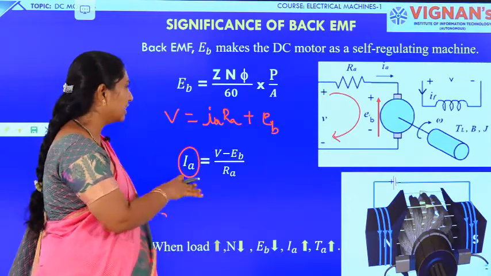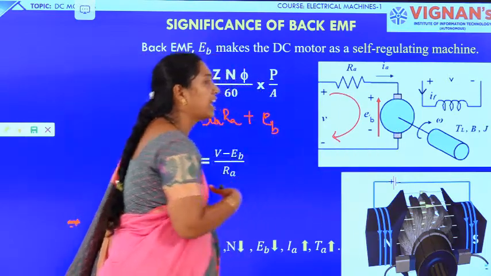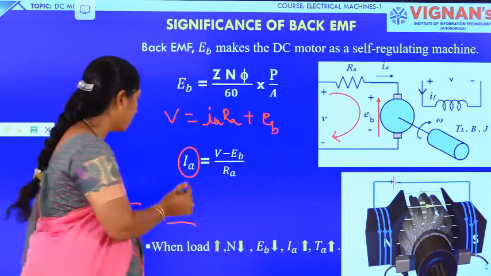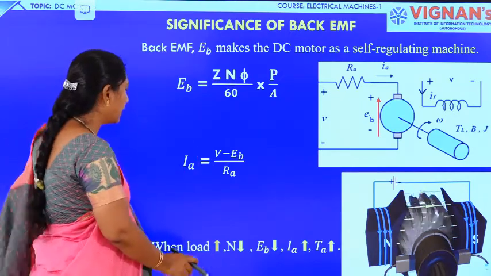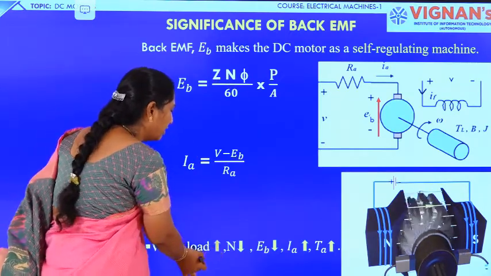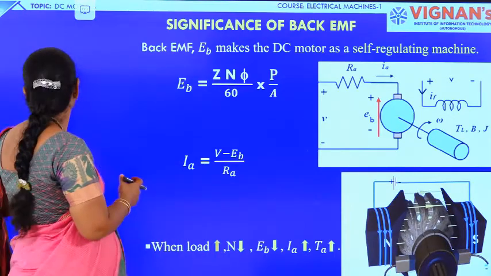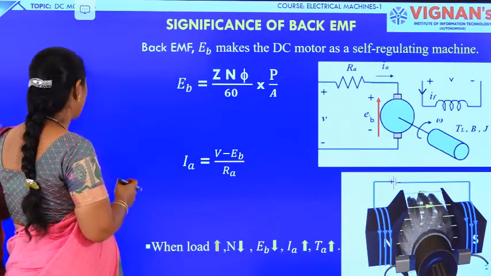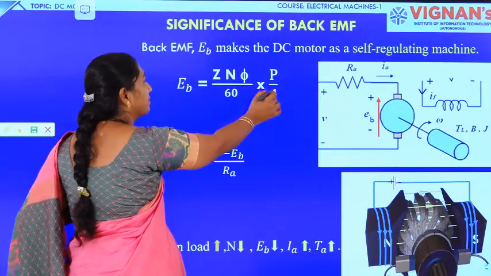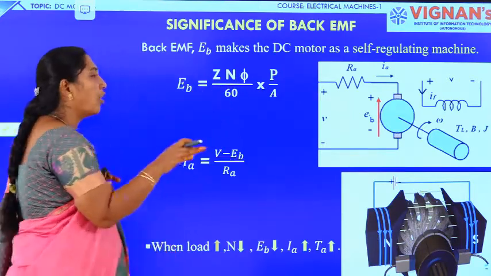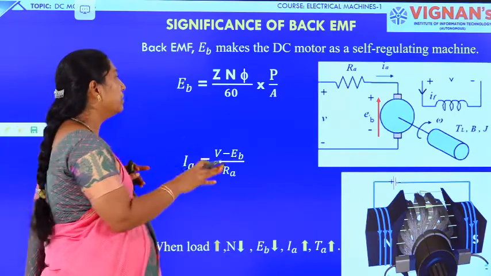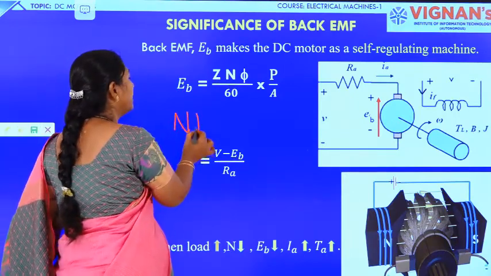Let us consider that the mechanical load acting on the DC motor increases. So, whenever the load on the motor increases, then as per the first equation, the speed of the motor will decrease. It means speed N decreases.